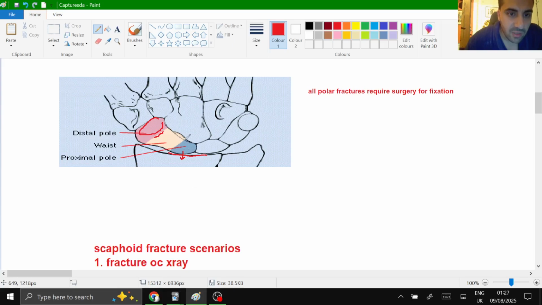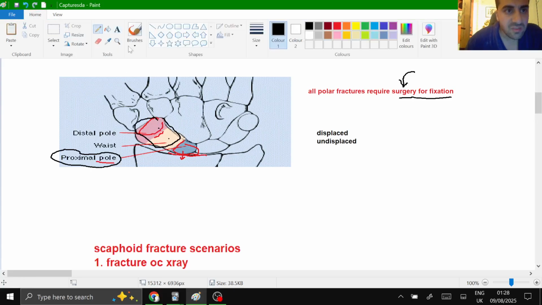Any fracture in the proximal pole, the answer is always surgery for fixation, whether the bone is displaced or non-displaced. Any fracture in the proximal bone, always the answer will be fixation surgery. However, if the fracture is in the waist or distal bone, this will depend.